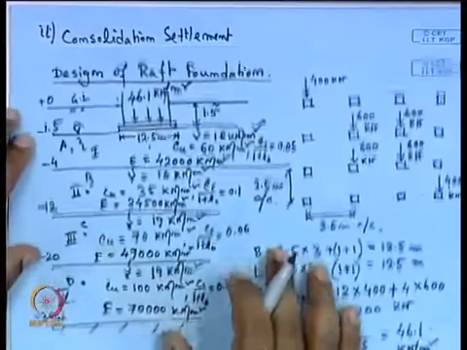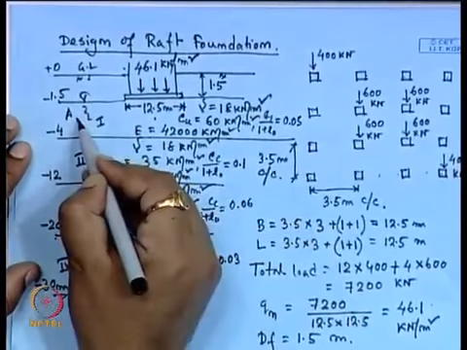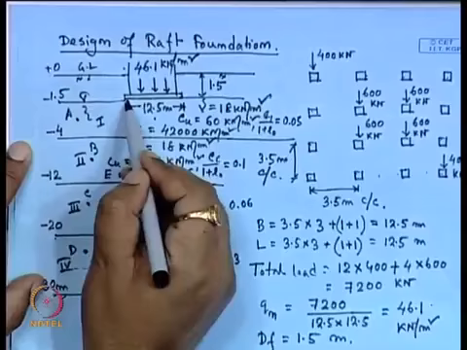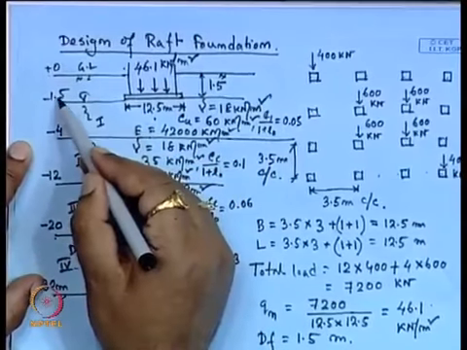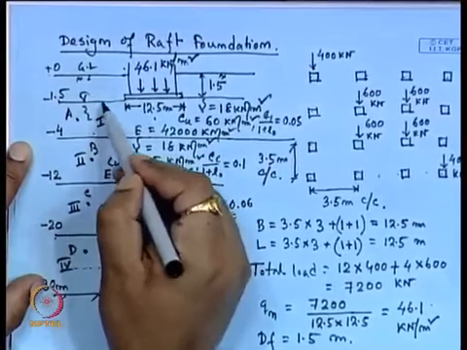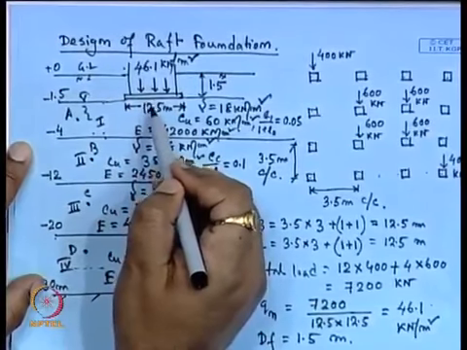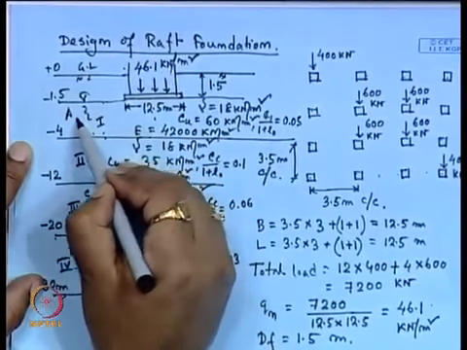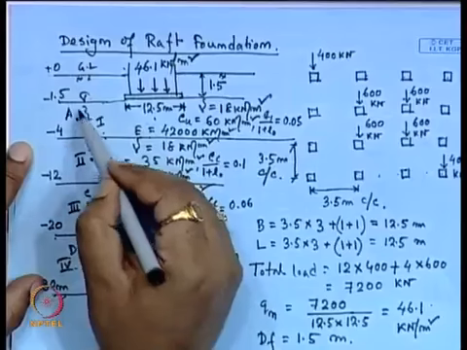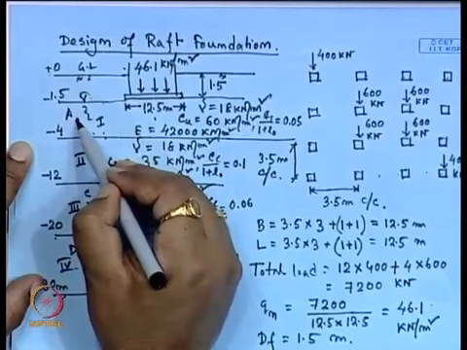The first layer below the base of the foundation is 4 minus 1.5, so 2.5 is its thickness, and the middle point is 1.25 meters.